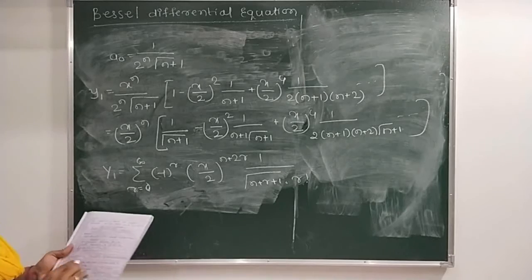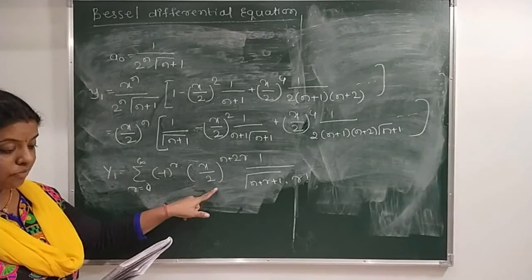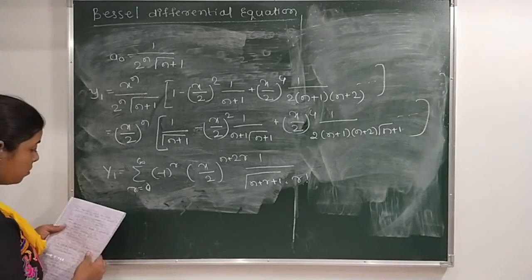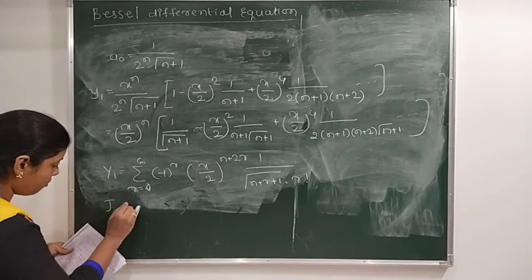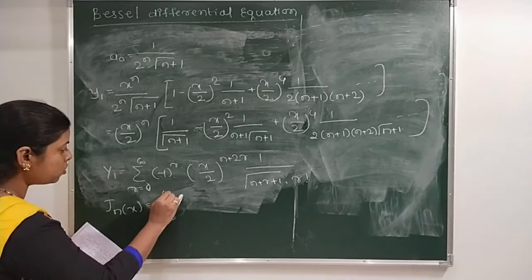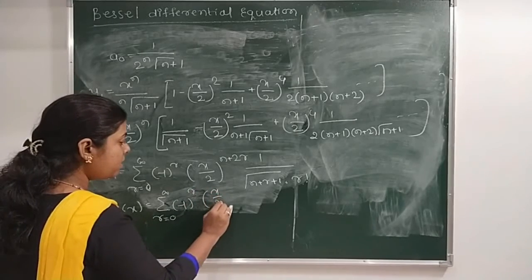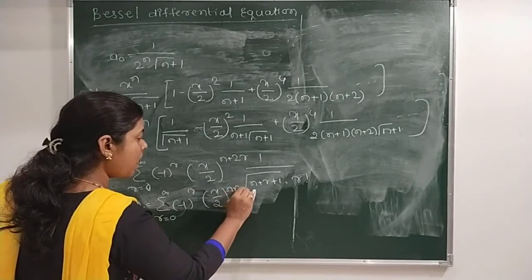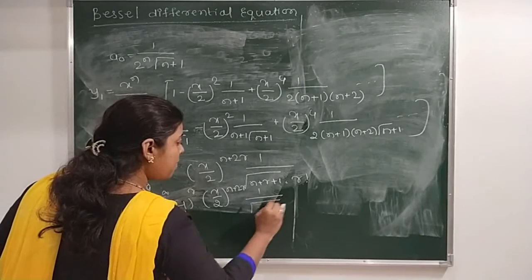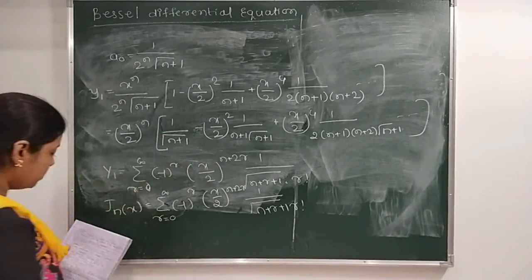This we have to rearrange in the form of y1 with the gamma function. This we call Jn of x, that is summation of r is equal to 0 to infinity, minus 1 to the power r, x divided by 2 to the n plus 2r, 1 divided by gamma of n plus r plus 1 into r factorial.